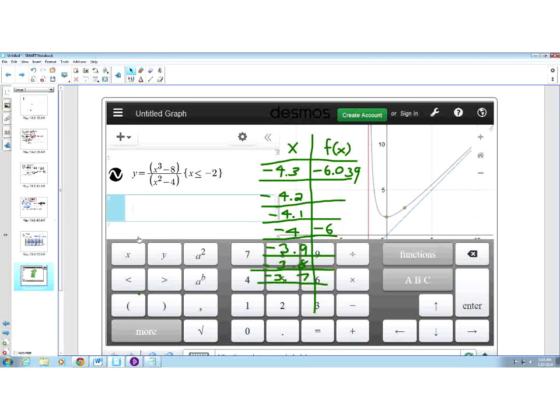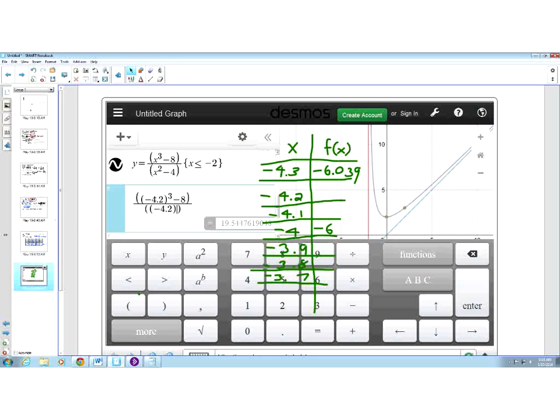So negative 4.2 cubed minus 8 divided by negative 4.2 squared minus 4. So what is that?